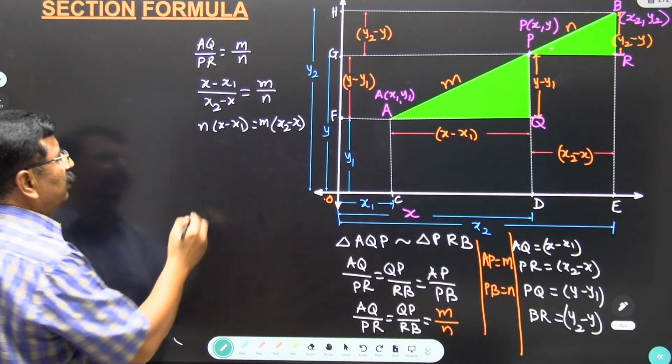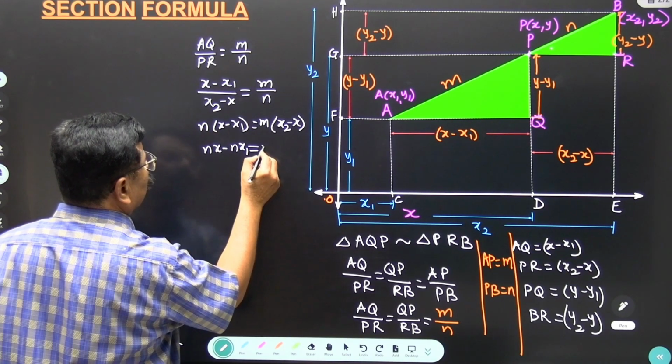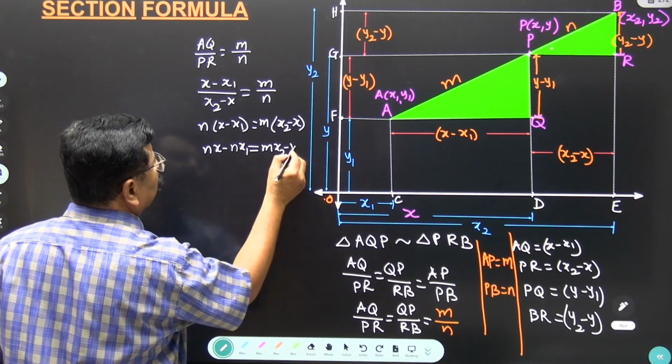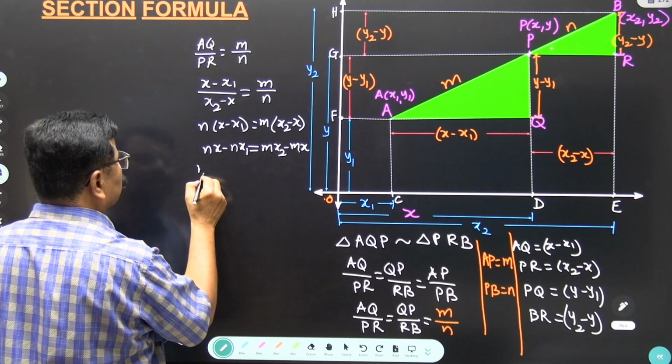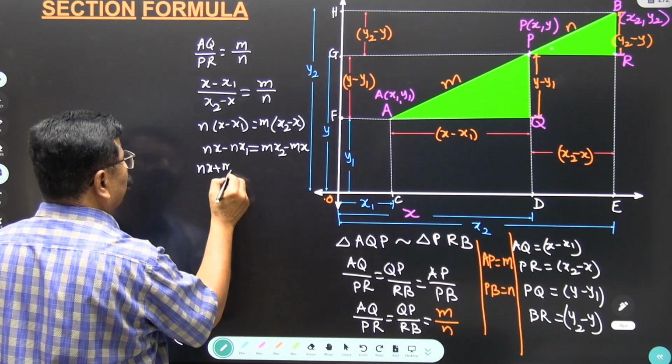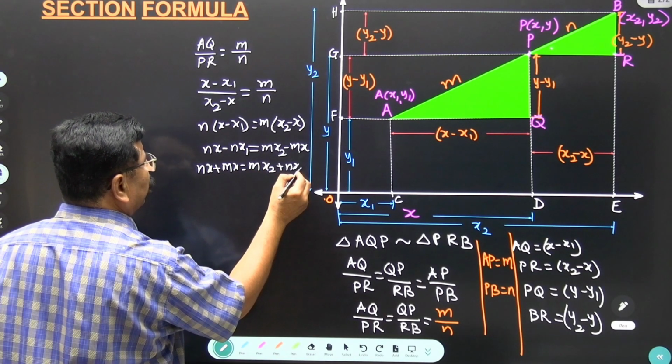So now let's simplify this further. This is Nx minus Nx1 is equal to Mx2 minus Mx. Take the terms containing x to one side. So this is Nx plus Mx is equal to Mx2 plus Nx1.